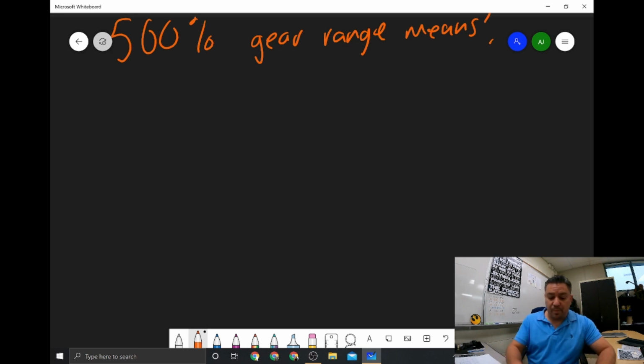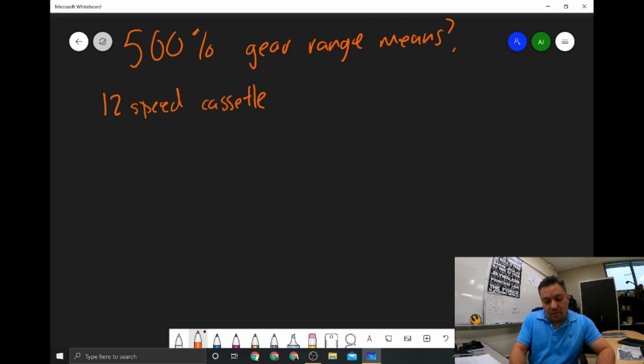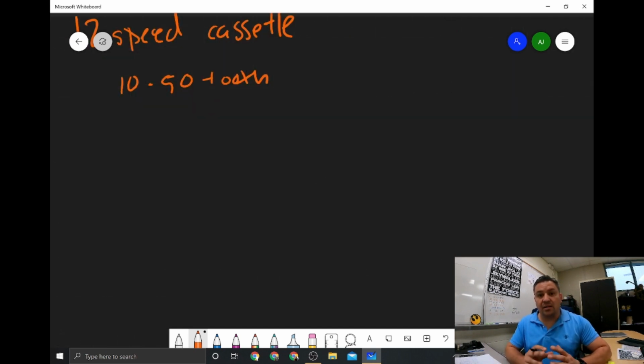For example, for the sake of simplicity, let's say I have a 12-speed cassette, and the range is from 10 to 50 tooth. That's the range of my cassette. Finding the percentage is super simple. All we have to do is divide the highest tooth by the smallest tooth.